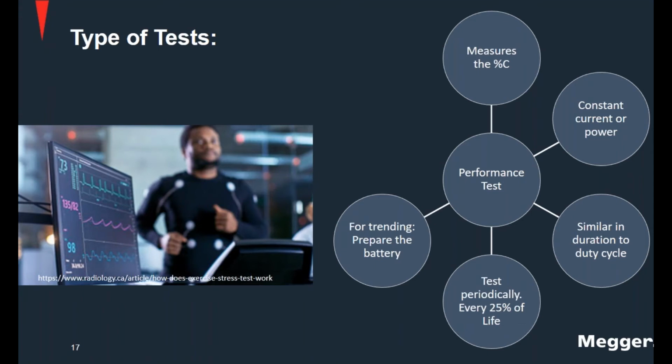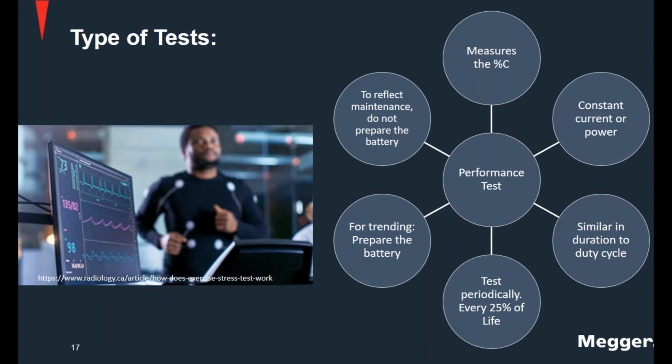And if you just want to see if your maintenance procedures are working properly, if your maintenance practices are being effective, and you want to see if the battery is deteriorating and not being influenced by the preparation, well, you run the test without any preparation of the battery.